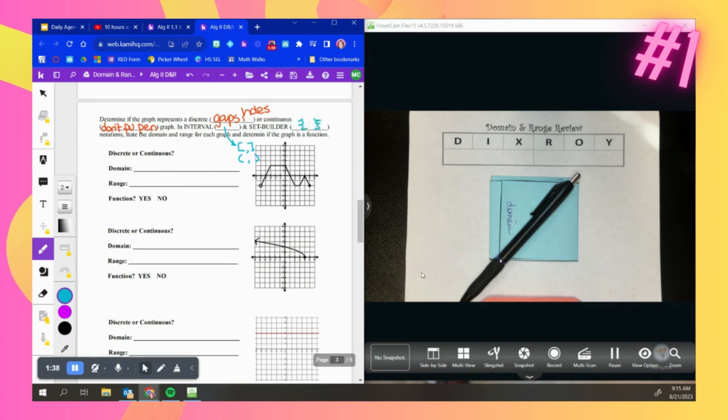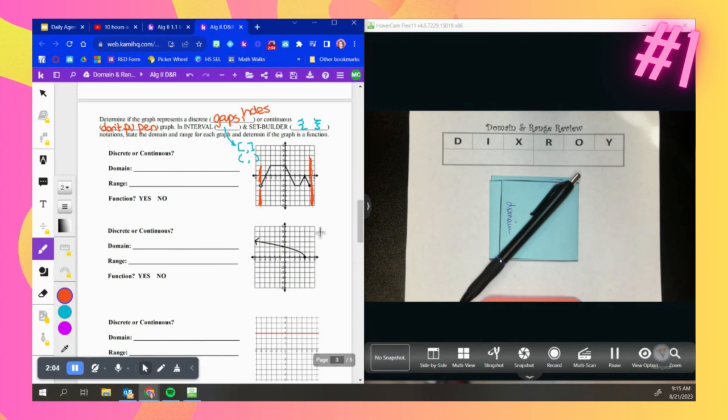So you were given this graph. We already played with it in the window just a little bit, and when we did that, we determined that the domain is going to go from this number right here to this number right here. Okay, so I think that one's easier in interval notation, honestly, than it is in set or set builder notation.